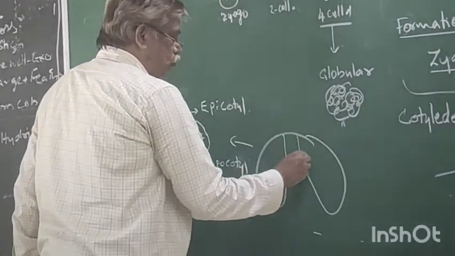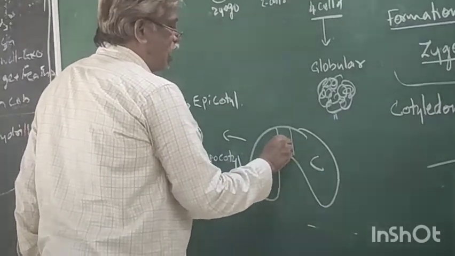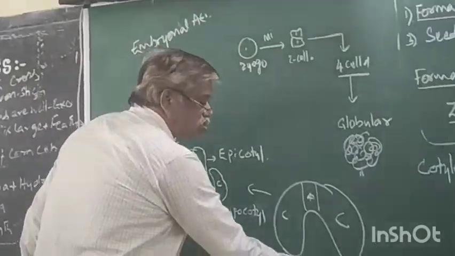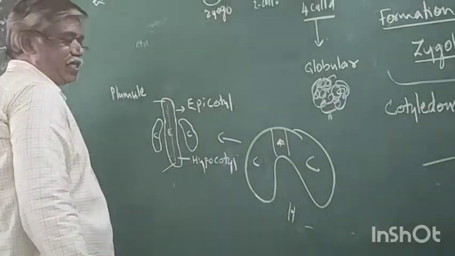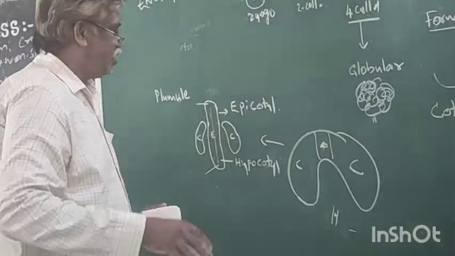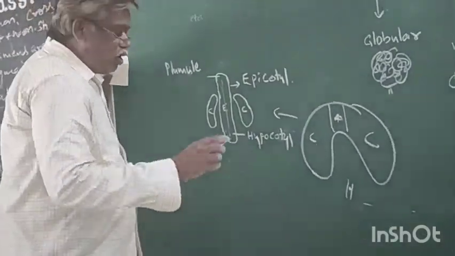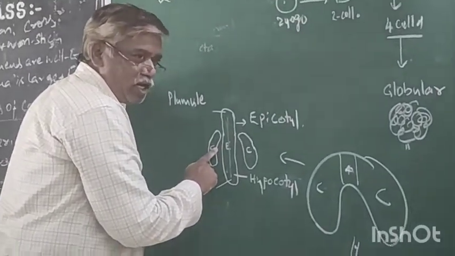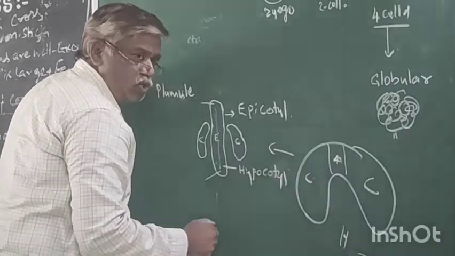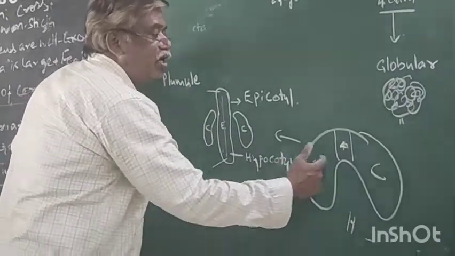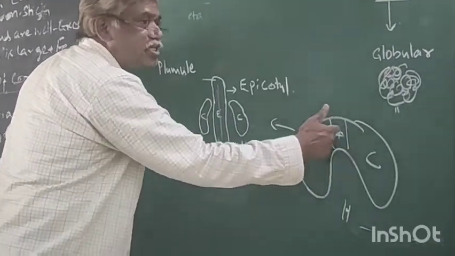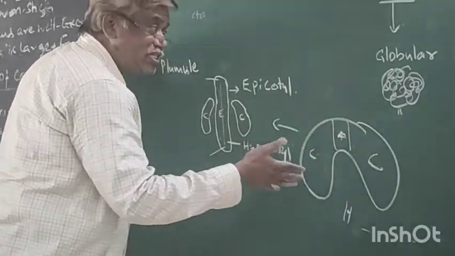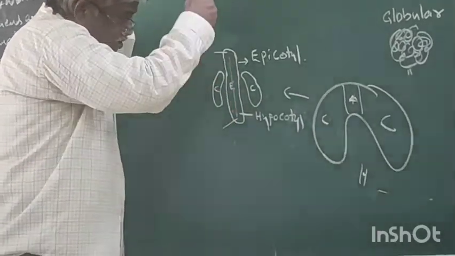Now, what are these two? Cotyledons. In the heart-shaped embryo, the cotyledons are the lateral parts, and the central part is the axis. This axis can grow.